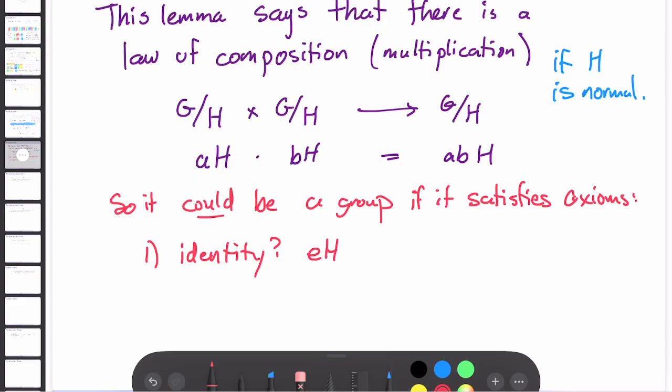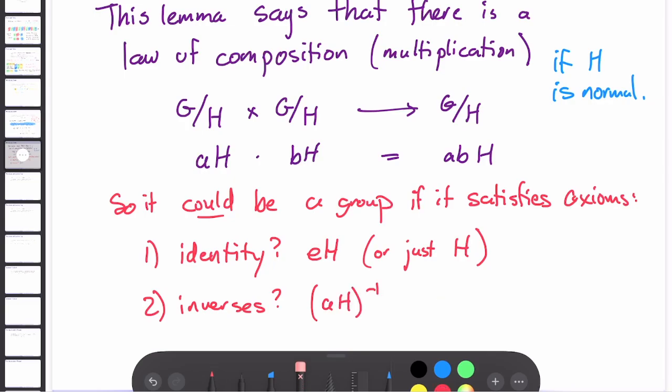So that's EH, right, or just H. And then what about inverses? I want the inverse of this. Well, you'd probably guess it. It's going to be the inverse of, or excuse me, the coset corresponding to the inverse of A.